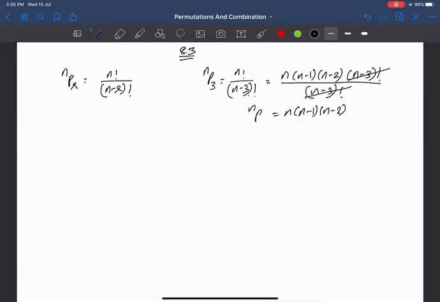If it is nP3, there are 3 numbers. So if I have 7P2, the answer will be 7 into 6. If there is 10P3, the answer is going to be 10, 9, 8.